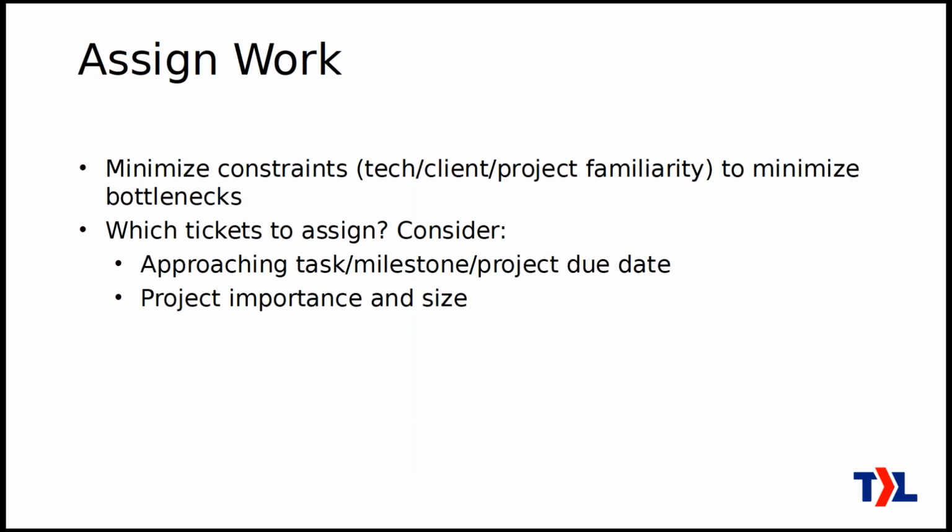Now, if you're thinking about which tickets to assign, you're going to think about the approaching task, milestone or project due dates, and also the importance of this project as a whole relative to all of the other projects that you have going at once. So, for example, if you have a client project and then an internal project, and there's not a strict due date for the internal project, then you may focus on that client project, or probably multiple client projects, at the expense of your internal one, if that's okay.